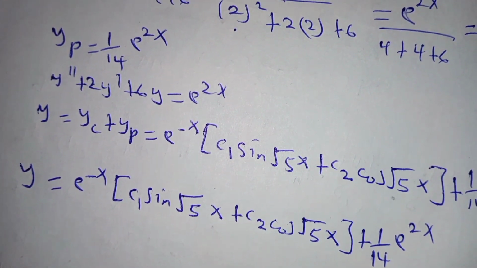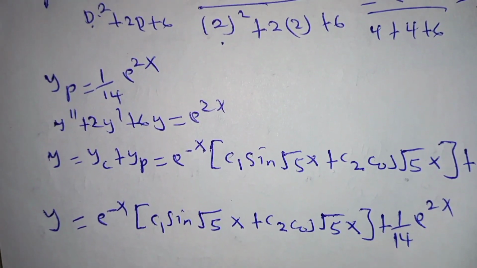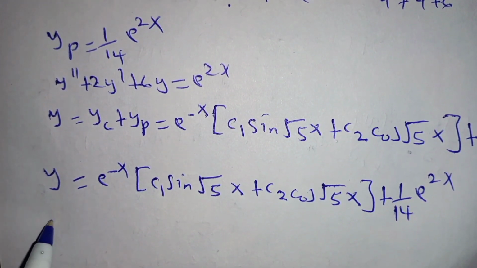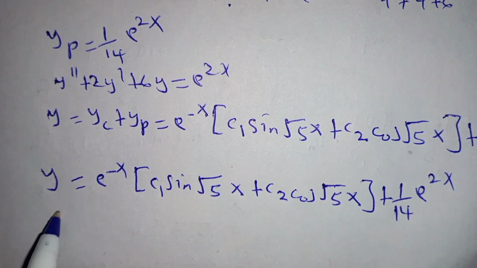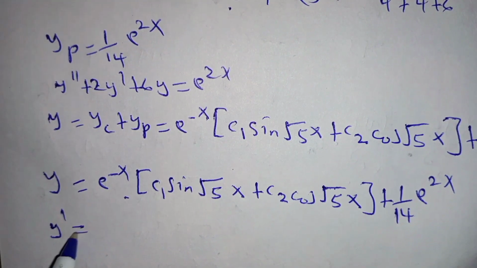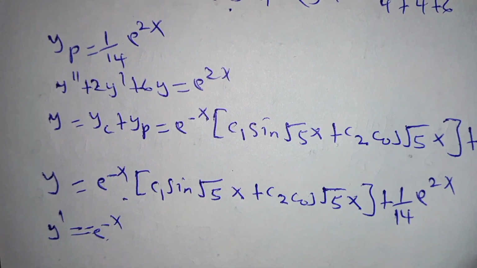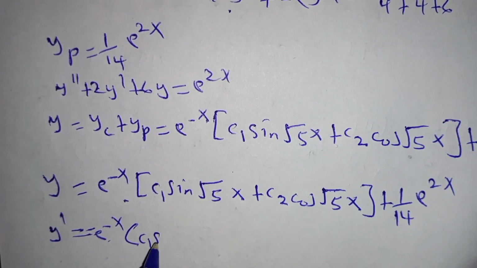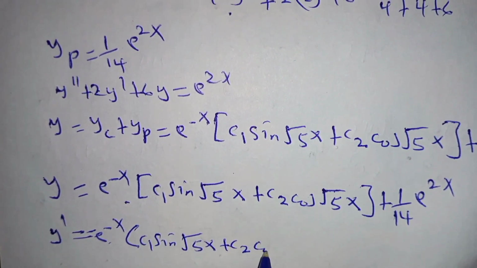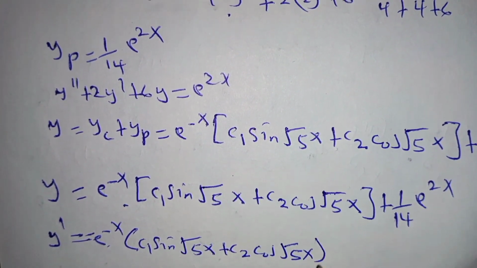You can always test to see whether your working is correct. You get your y single prime by differentiating this once. For example, if you differentiate this once, it will give you negative exponential negative x into bracket c1 sine of root of 5x plus c2 cos of root of 5x, you close the bracket.